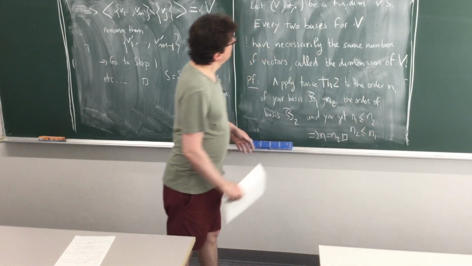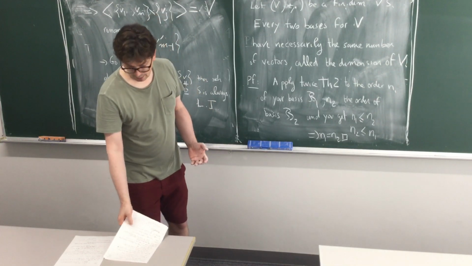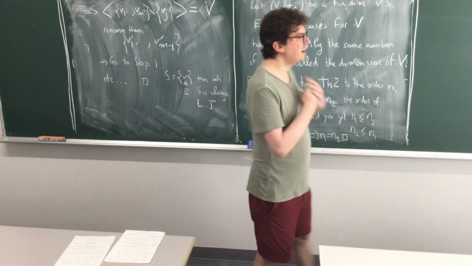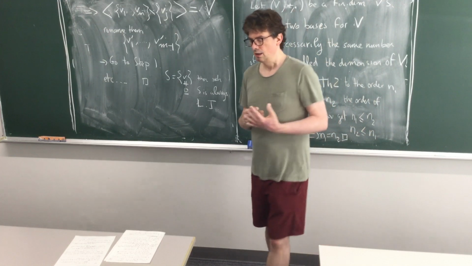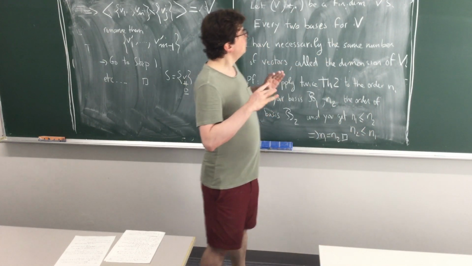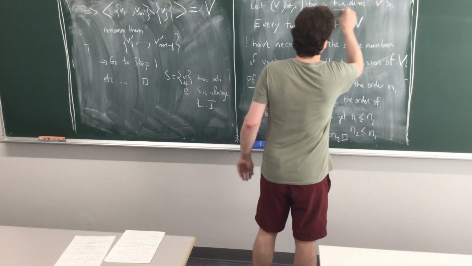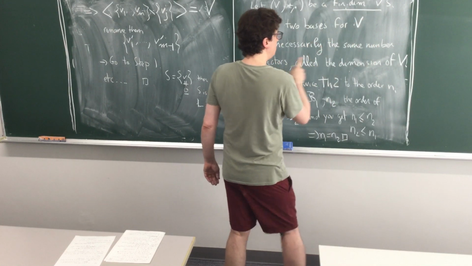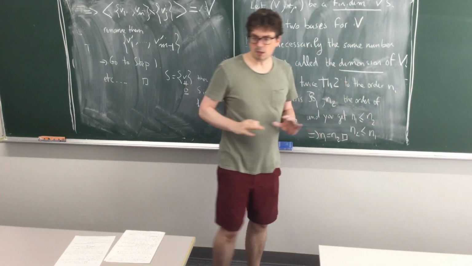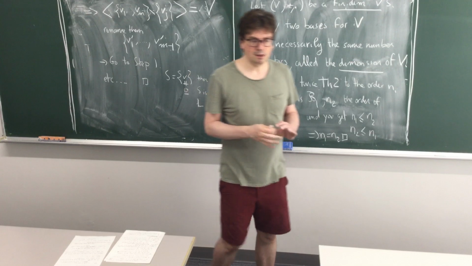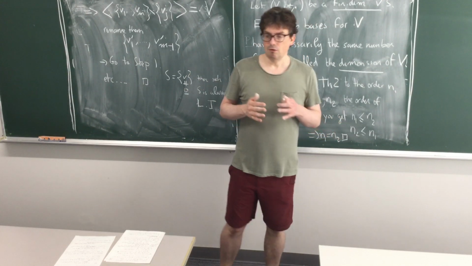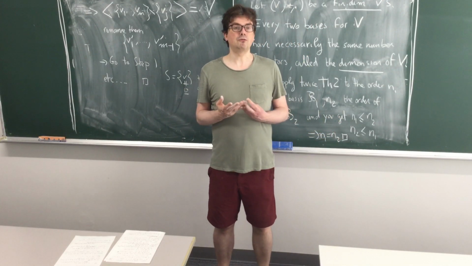Okay, so it means that if you are given a finite dimensional vector space, be careful, do not be confused with finite dimensional and dimension. Finite dimensional just means that you can span your vector space by a finite set of vectors.